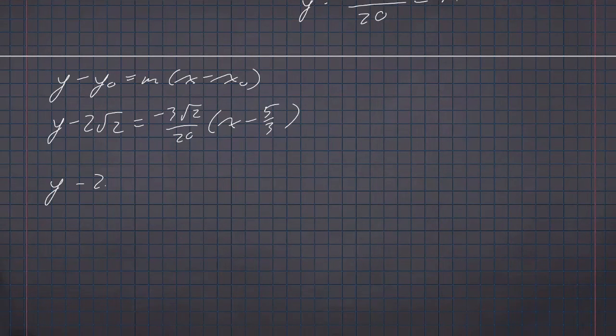Y minus 2√2 is negative 3√2 over 20 x, minus, I guess that'll be plus, minus times minus. We've got a 3 in the numerator and the 3 in the denominator that'll cancel out. We've got a 5 in the numerator, which will reduce with the 20 in the denominator. So we end up with √2 over 4. Then add 2√2.